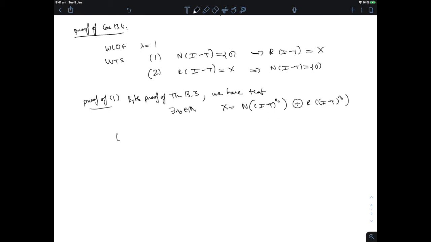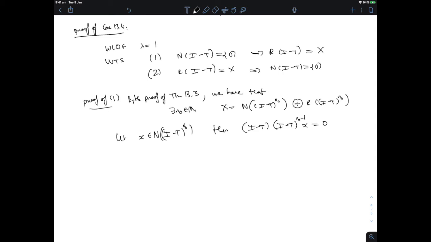Now, as a consequence of that, this null space here is trivial. And the reason for that is because if you take an x that is in this null space, then (I minus T) times (I minus T) to the n naught minus 1 of x has to be 0.